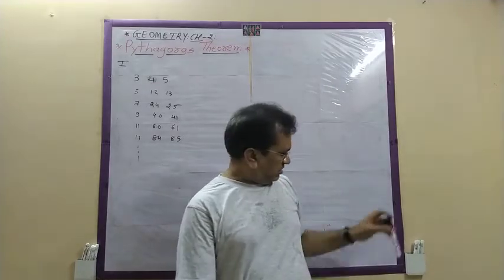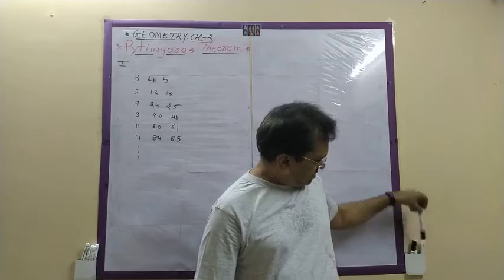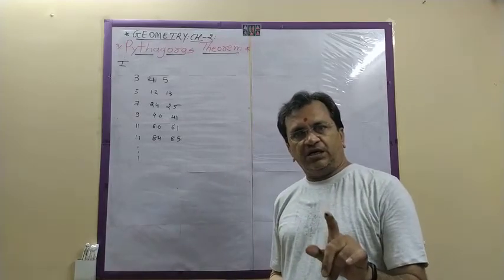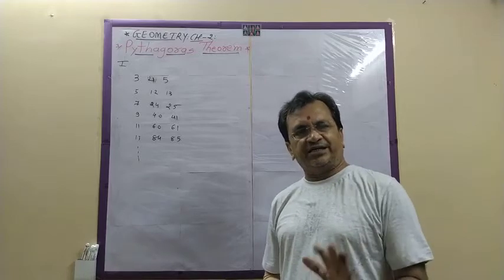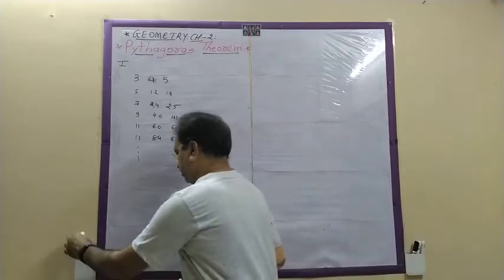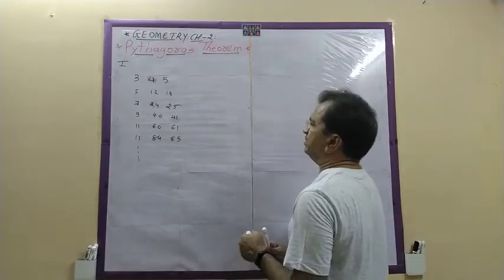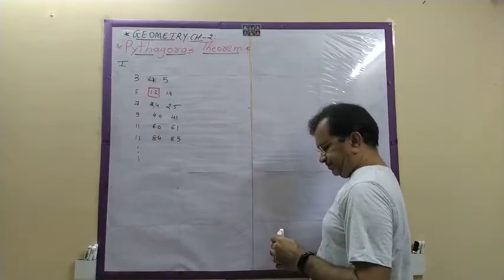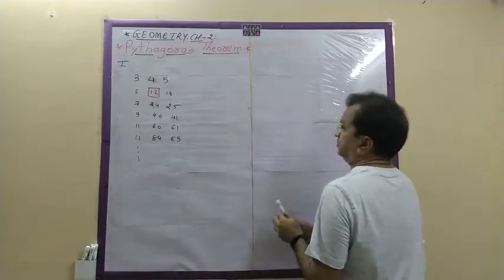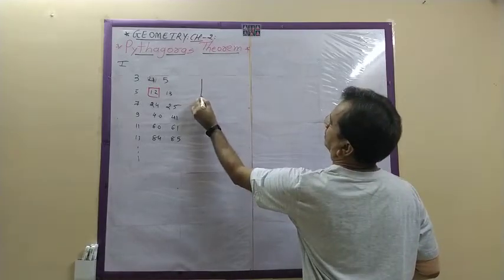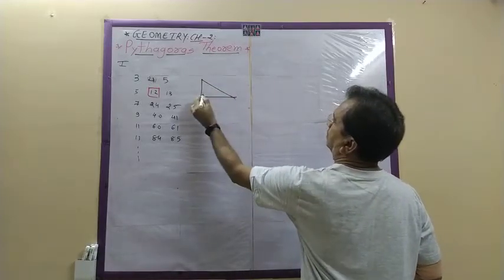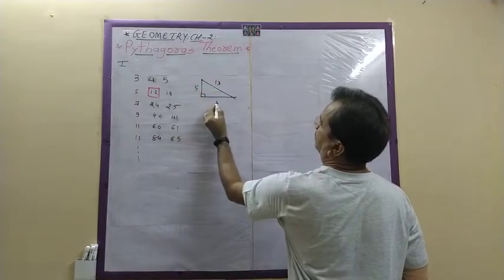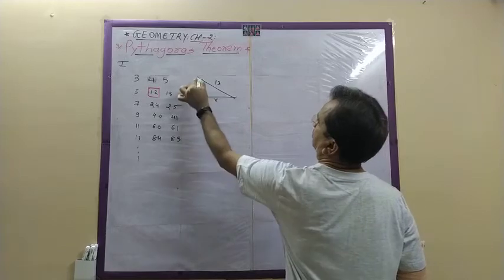Now, if the hypotenuse is given and one side is not given, that unknown number we have to find out. So how to find it? Suppose in one right angle triangle, 13 is given, 5 is given, and this side is not given.